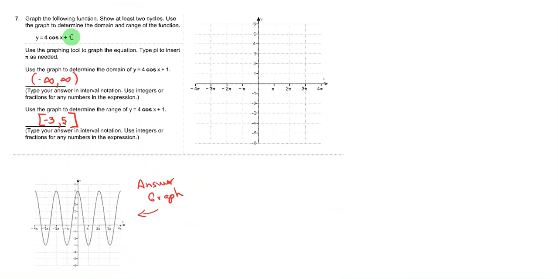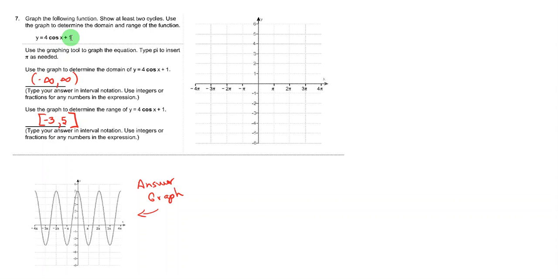All right, let's try this one. 4 cosine x plus 1. So we have an amplitude of 4. So instead of 1 and -1, we're up 4. So that's going to put us at 5. And we're down 4. So instead of there, we would be down here. But we're going to have this vertical shift, so we can't totally figure that yet. When you graph it, you have an amplitude of 4, a period of 2 pi, and a vertical shift of +1.